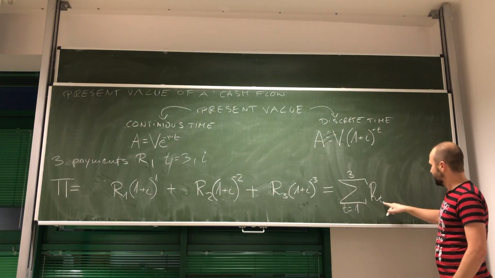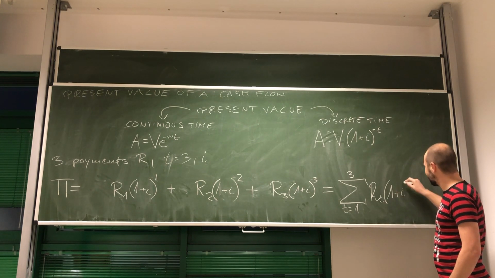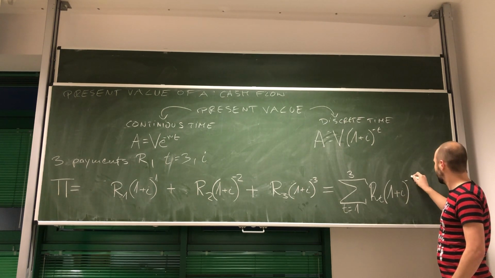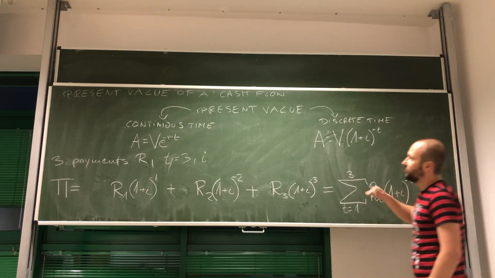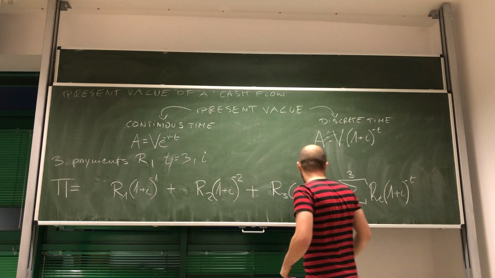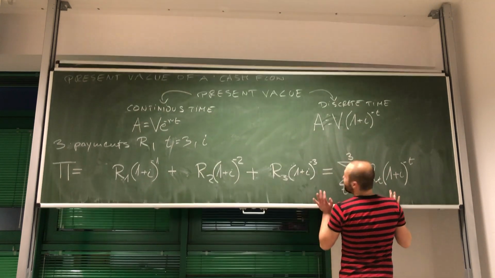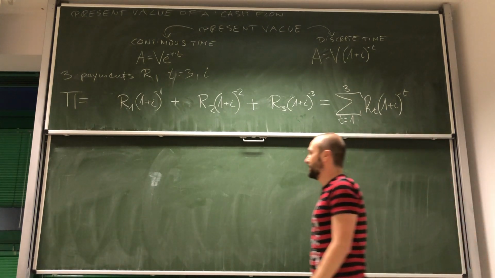Then, we discount it by a factor 1 plus i to the power -t. And this gives us the present value of the revenue flow from this example. Now, how can we get a general formula for discrete time?